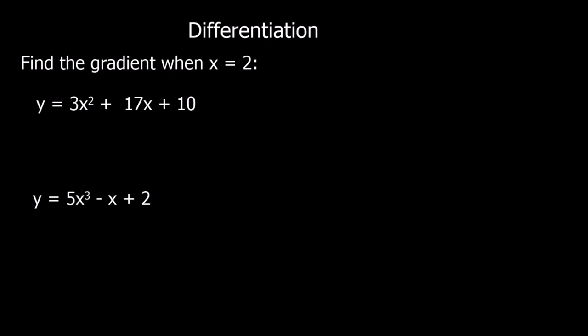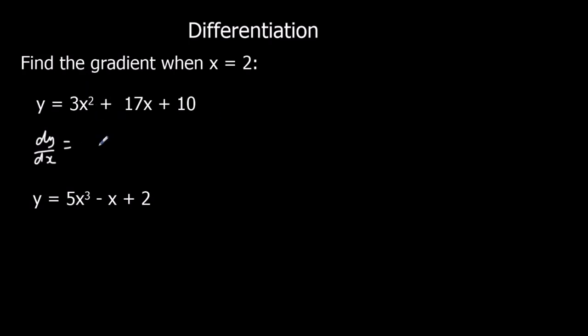Okay, so here's some differentiation questions. What we've got to do is find the gradient when x equals 2. So we need to find dy dx, which is the gradient function of a curve, and then we're going to substitute in x is 2 to find the gradient at that point. So the first step, we're going to do dy dx, and the process is timesing by the power, taking 1 off the power.